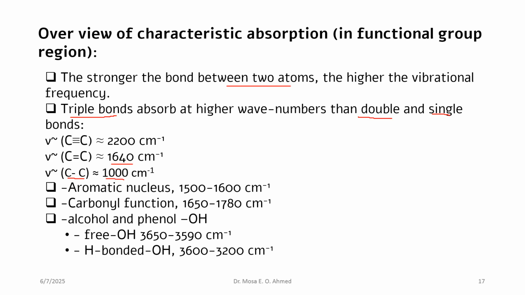Also, the aromatic nucleus has a wave number between 1500 and 1600, while the carbonyl group has a range from 1650 to 1780 centimeter minus 1.